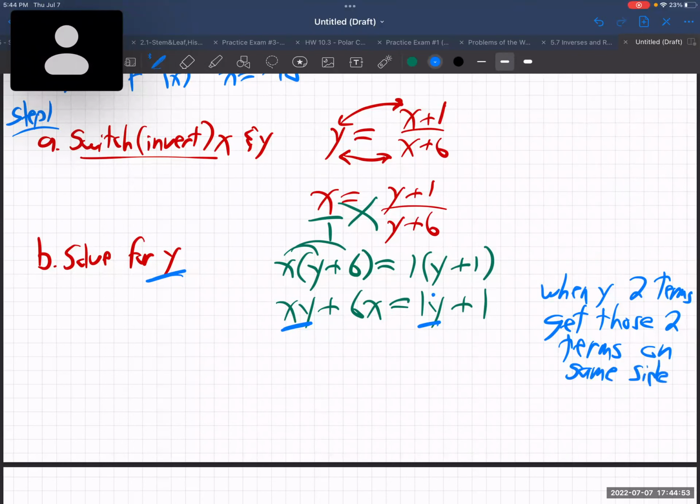So jump this guy this way and this guy this way. Or you could do vice versa, it doesn't really matter however you do it. So it becomes xy minus 1y is minus 6x plus 1. Hold on. I hope that wasn't too quick.